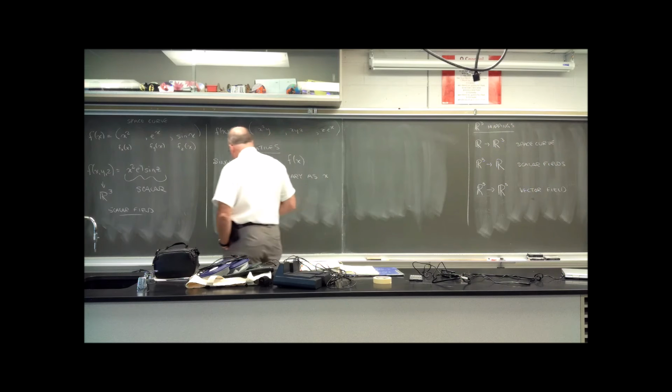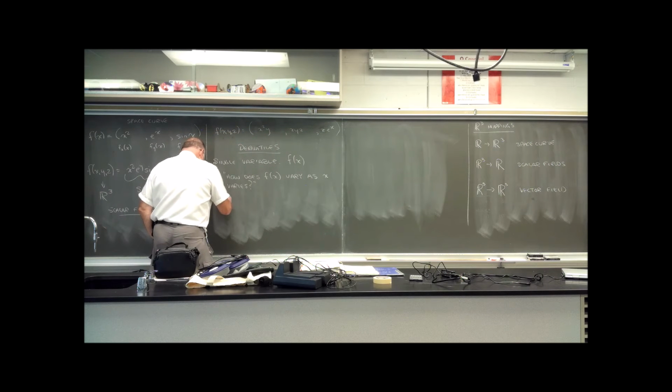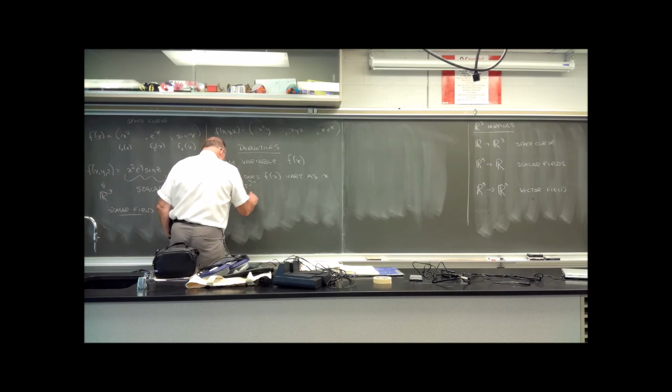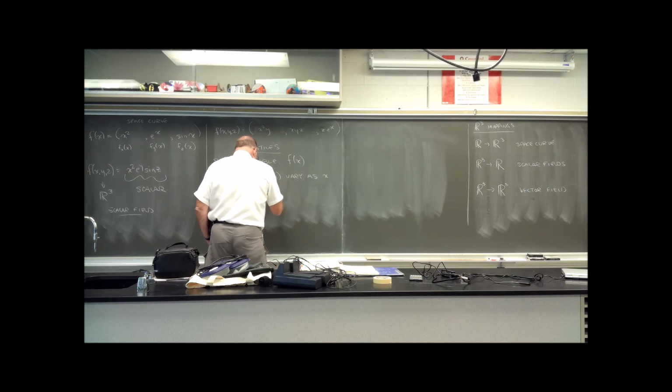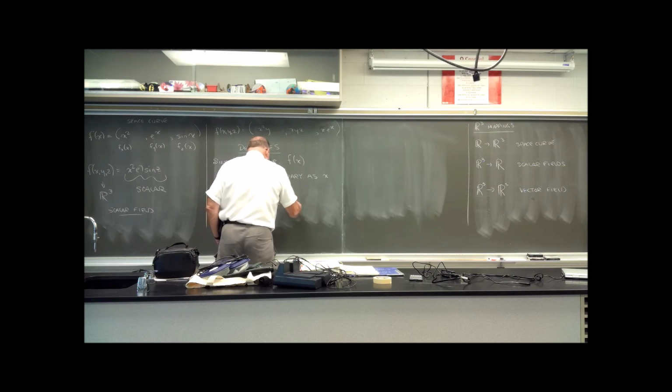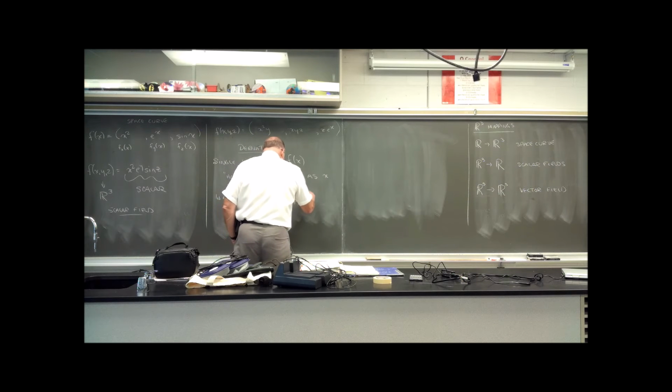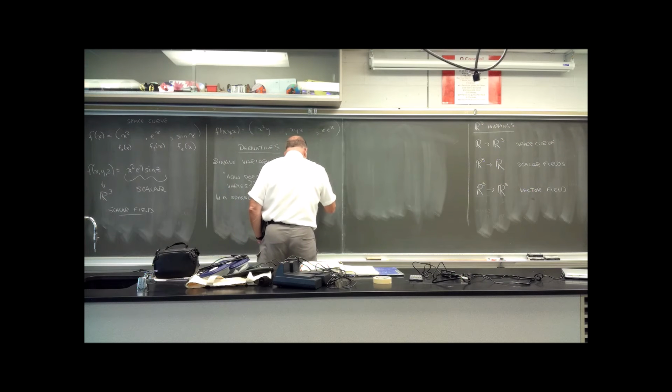In a space curve, we just have df dx is simply equal to dfx dx, comma dfy dy, comma dfz dz.